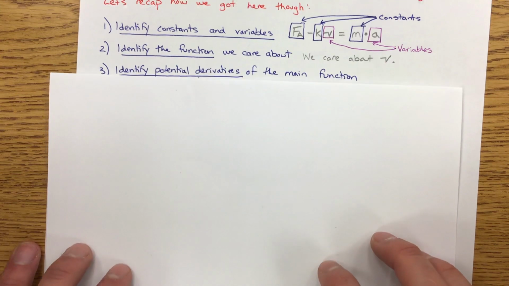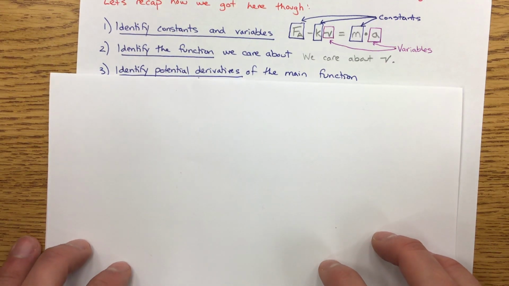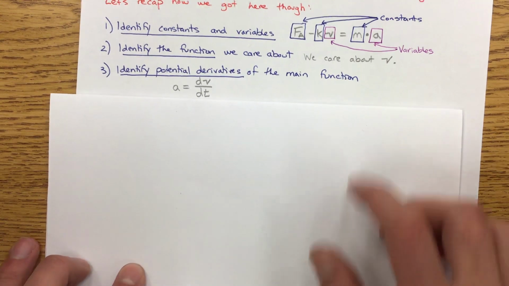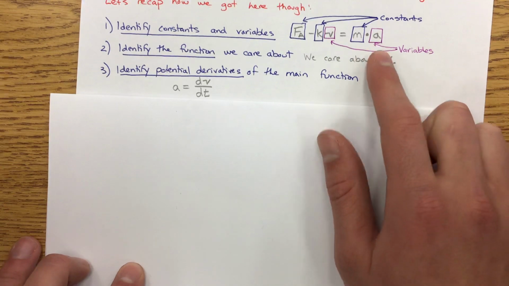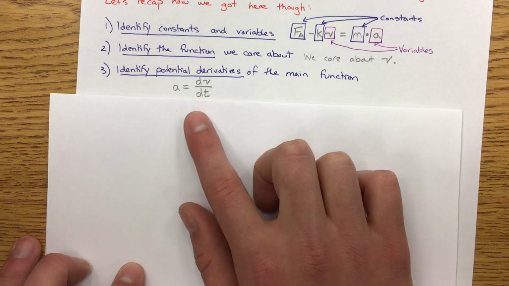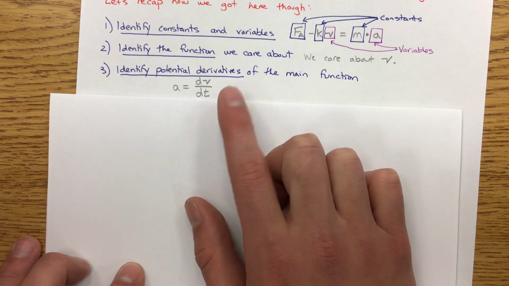From there, we want to identify potential derivatives of that main function within our equation. So if we look at that, well, we know that acceleration is the first derivative of velocity. So we can rewrite acceleration as dv/dt, which is the derivative of velocity with respect to time.